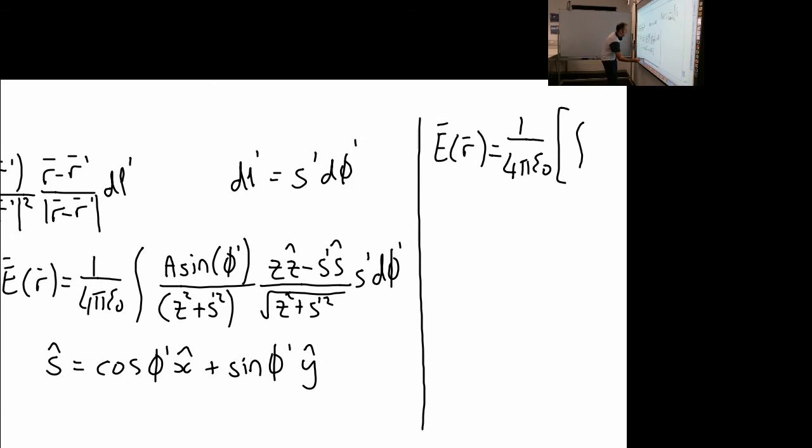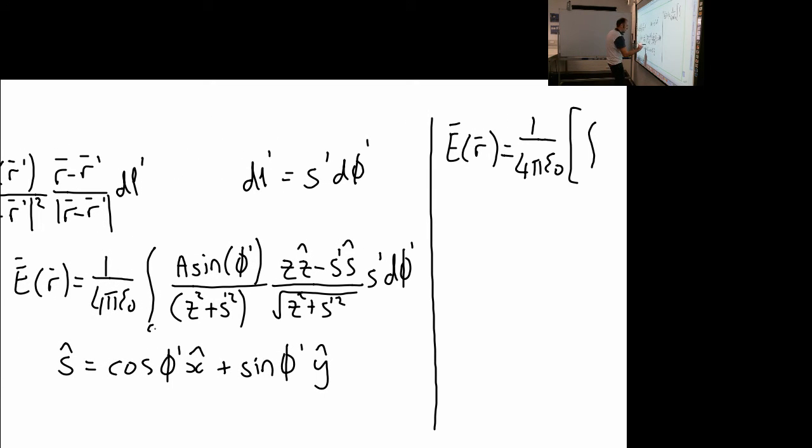So we have our electric field now, which will be equal to 1 over 4 pi epsilon naught by the integral, and I think I should just go back here. The limits on our integral here are between 0 and 2 pi, so we're going around the ring.